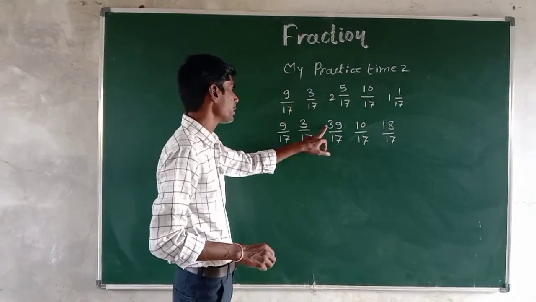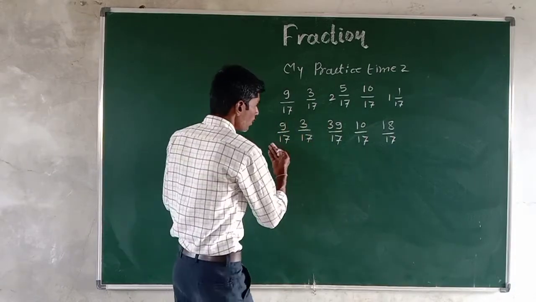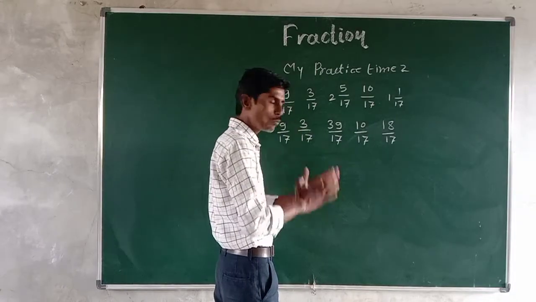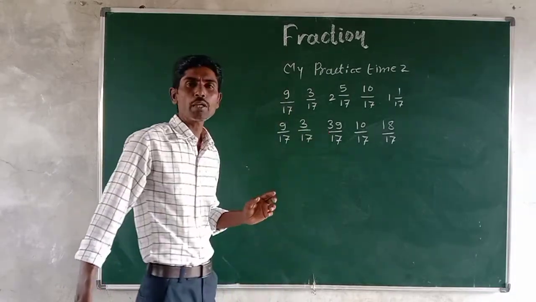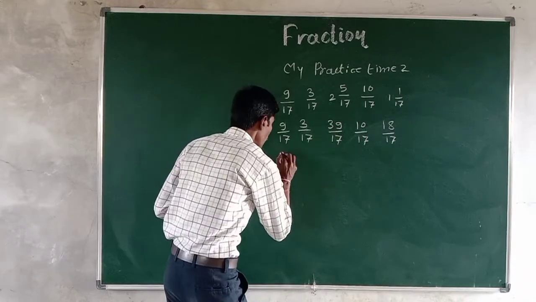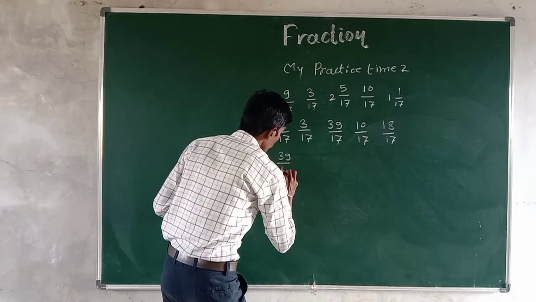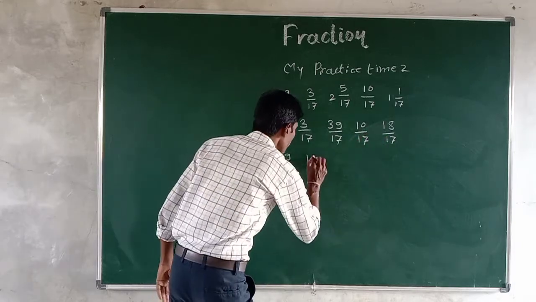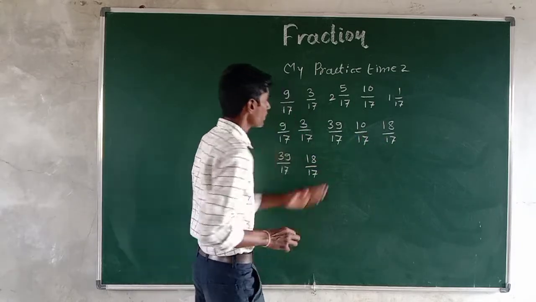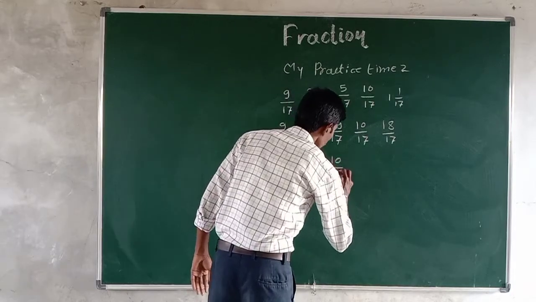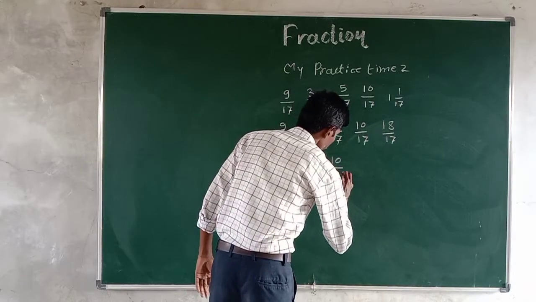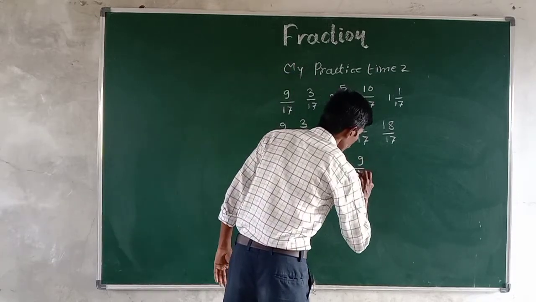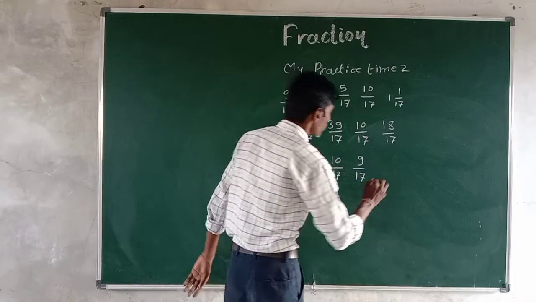All the fractions are like fractions, that's why we have to think only about the numerator. The greatest numerator is 39 upon 17. It will come first, then 18 by 17, then 10 by 17, then 9 by 17, and last one is 3 by 17.